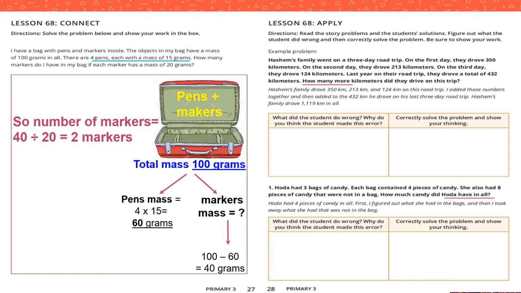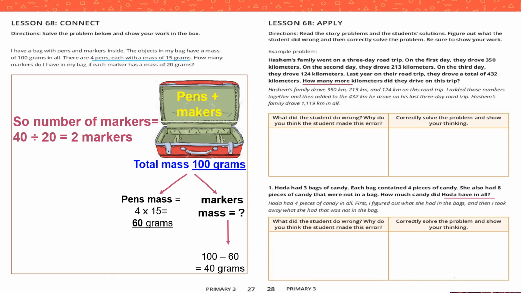The first story problem: Hashim's family went on a 3-day road trip. On the first day, they drove 350 kilometers. Second day, 213 kilometers. Third day, 124 kilometers.